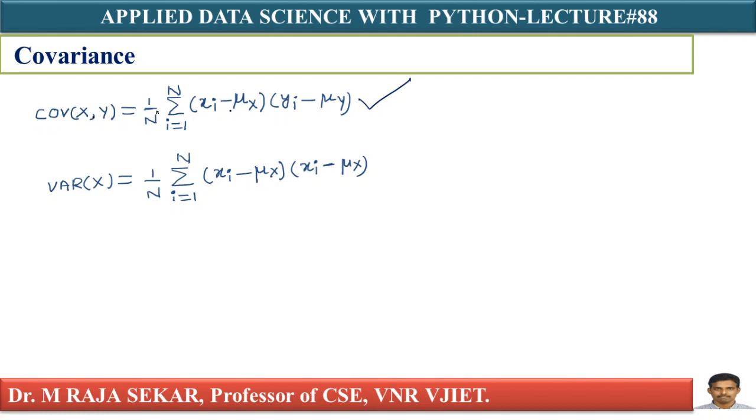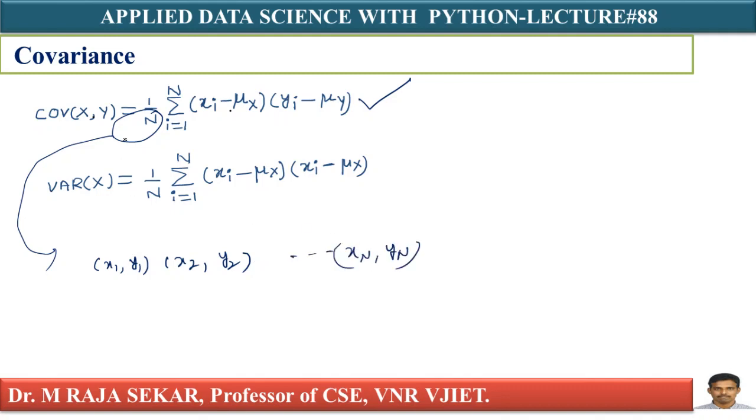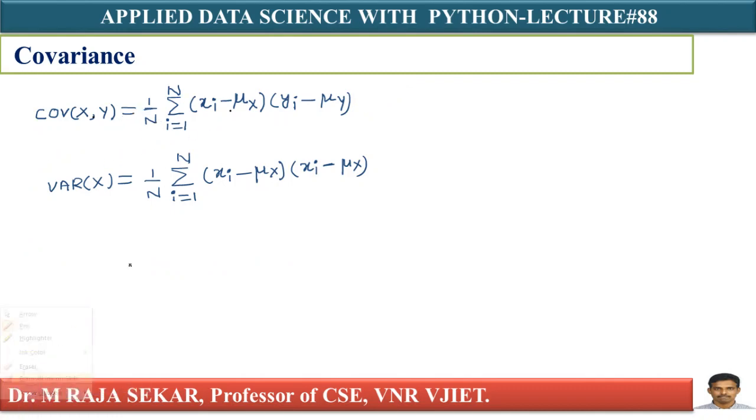This n represents that there are n pairs of observations like x1, y1, this is the first pair, x2, y2, second pair, and so on up to xn, yn. There are n pairs of values. That is 1 by n, sigma i equal to 1 to n, xi minus mu of x. What is this mu of x? It's the mean of x. Mu of y, it's the mean of y.